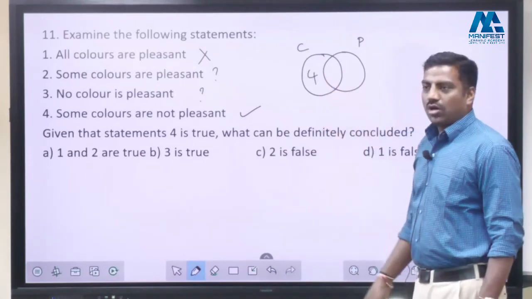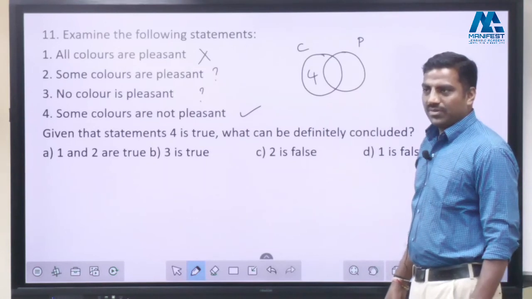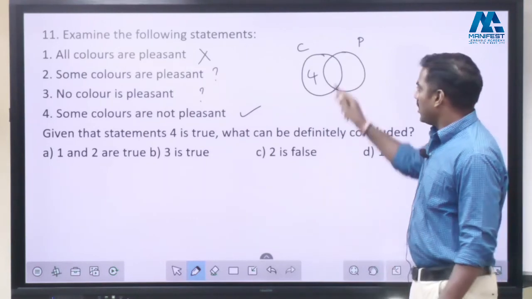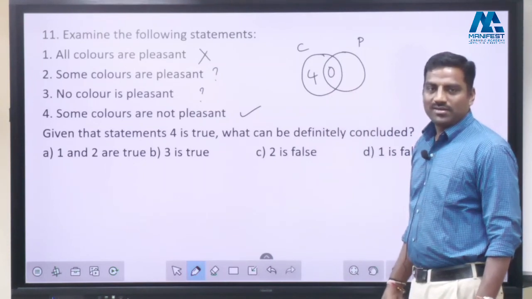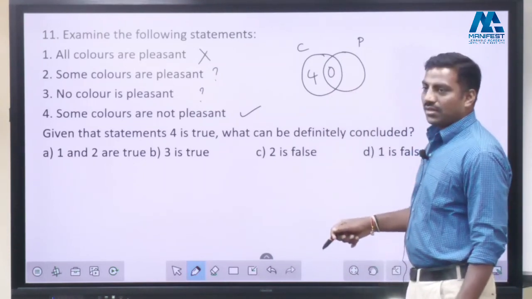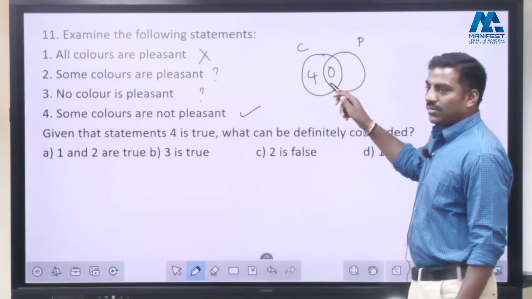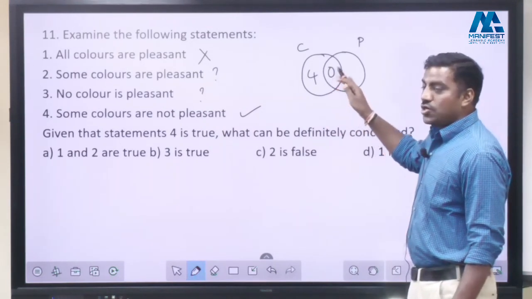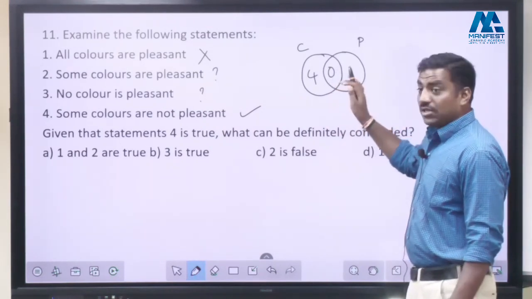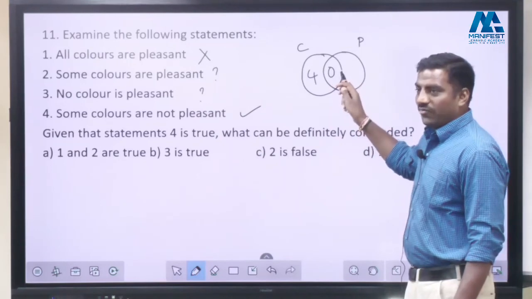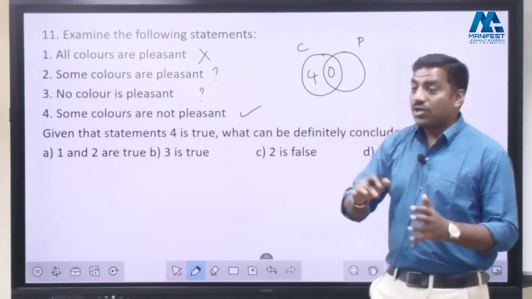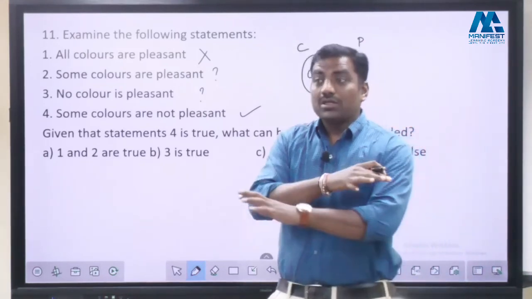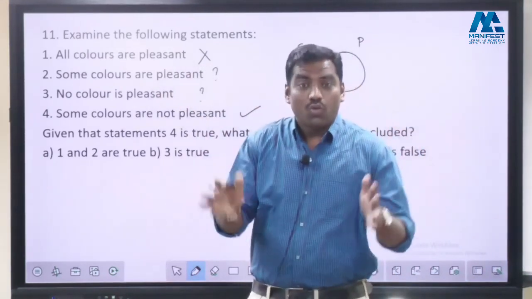I'll put all 4 of them here. Okay? And 0 here. I say some of them are not pleasant. Even 0 cannot be fit here. Understand? But I cannot conclude about the others whom I don't know.